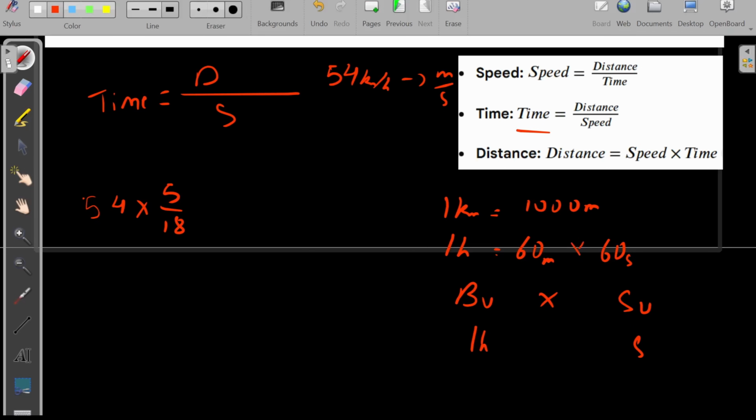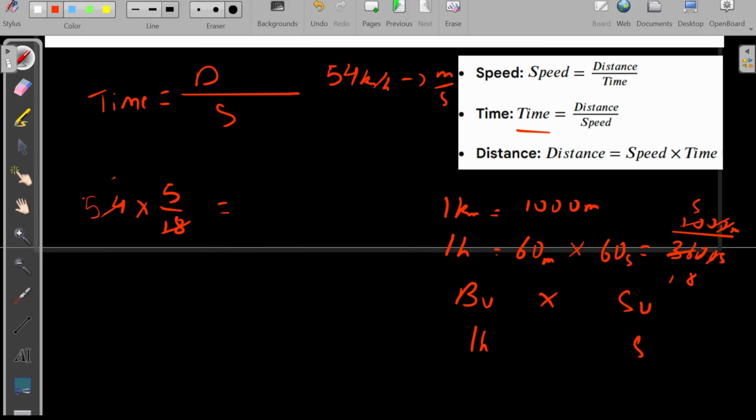We need to multiply these values. So 60 minutes times 60 seconds gives me 3600 seconds over 1000 meter. Now if I simplify this, 2 5s would be 10, 2 1s are 2, 2 8s is 16. So it will be 5 over 18.